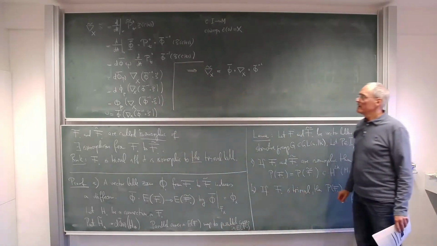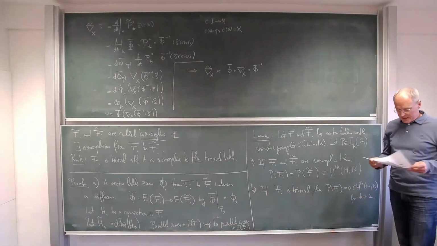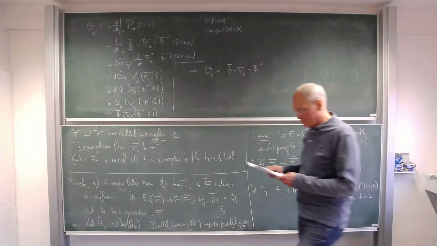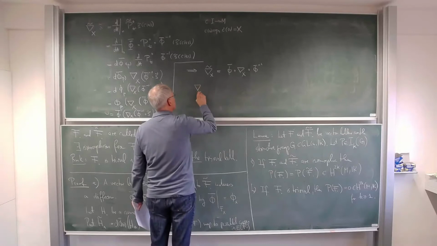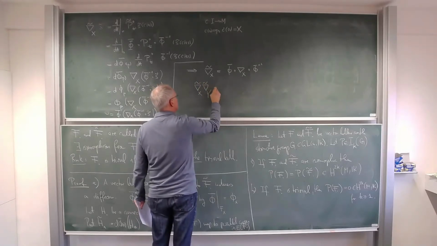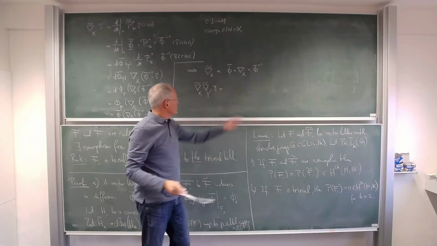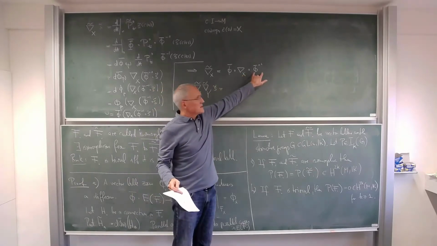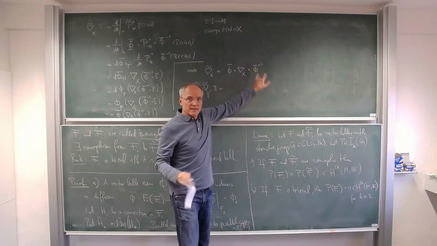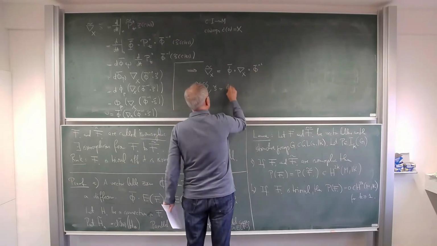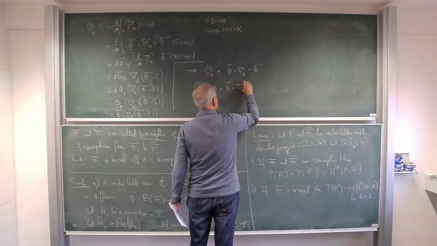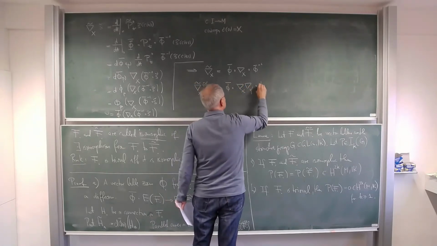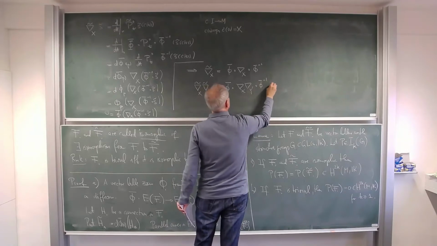Okay. And well, we are really interested in the curvatures. So let's see, if we apply this thing twice to some section S tilde, then we have to apply this twice, but then in the middle phi bar and phi bar inverse cancel. So what we get is phi bar composed with nabla x, nabla y composed with phi bar to the minus 1, applied to S tilde.